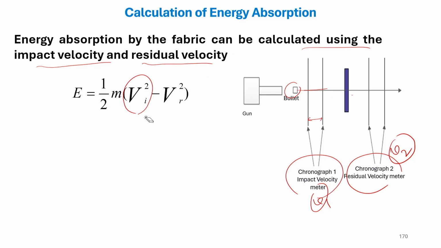So, energy absorption by the material will be half m times V1 square minus V residual, Vr square. So, this is Vr. So, V initial impact velocity and residual velocity: Vi square minus Vr square.